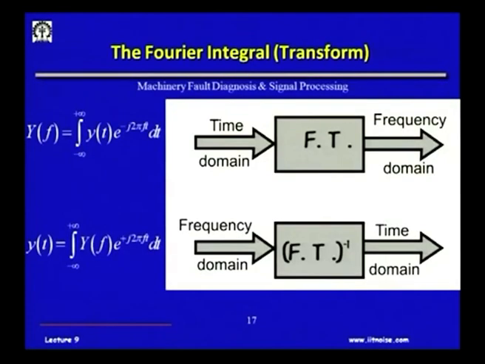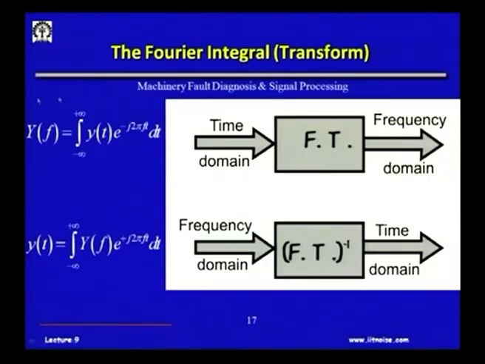There are the Fourier series, and there is an integral method to do it, wherein instead of summations, I do an integration from minus infinity to plus infinity, and in such a way I can transform a signal from the time domain to the frequency domain by doing this forward transform.